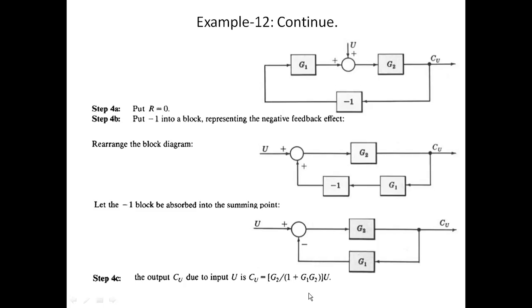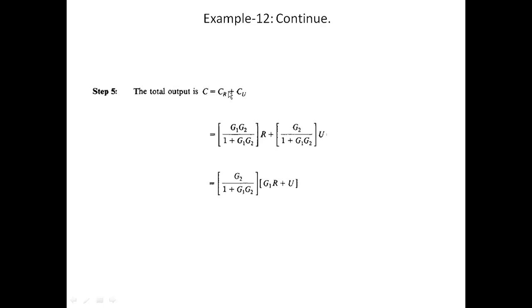So this is a simple negative feedback where the feed forward gain is G2 and feedback gain is G1. So the response due to U is G2 by 1 plus G1 G2, whole into U. Now we have two different responses: one due to input R and one due to input U. We just add these two, then we get the total response or total output.